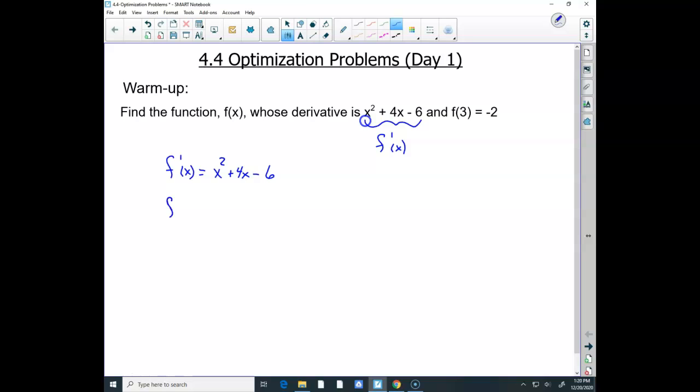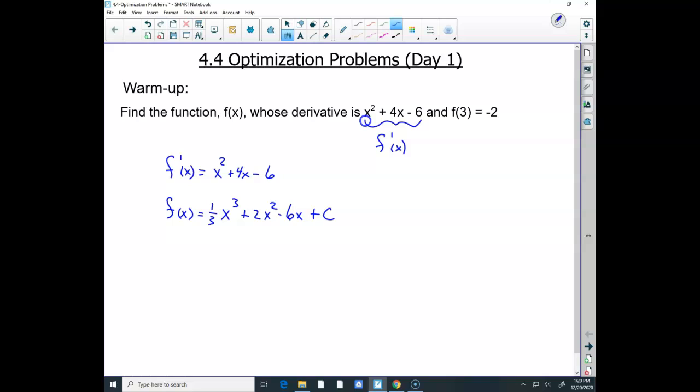Okay, well, that means f of x: x squared has to come from a cubic, and I need a 1 out front of that squared, so I'm going to throw a third in front of that. Plus, I know 4x to the first comes from an x squared, and I need 2 times something to get that 4, so I put a 2 there. The antiderivative of a constant would be a linear function, plus c.